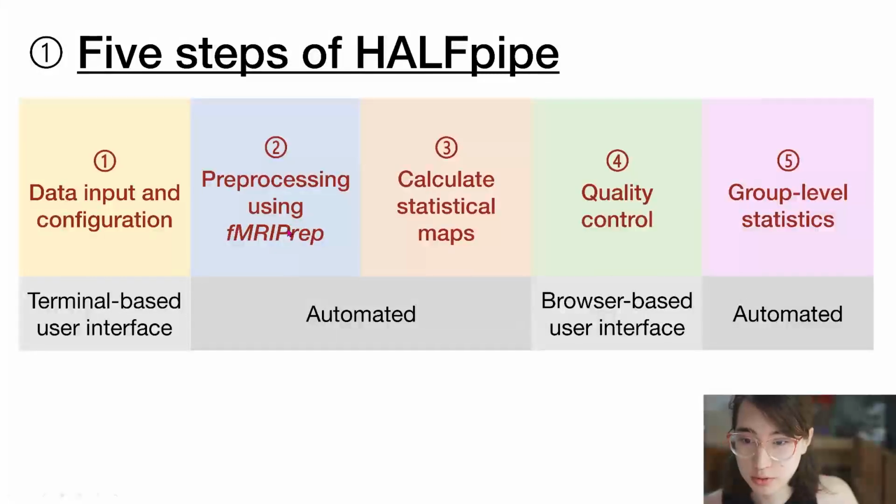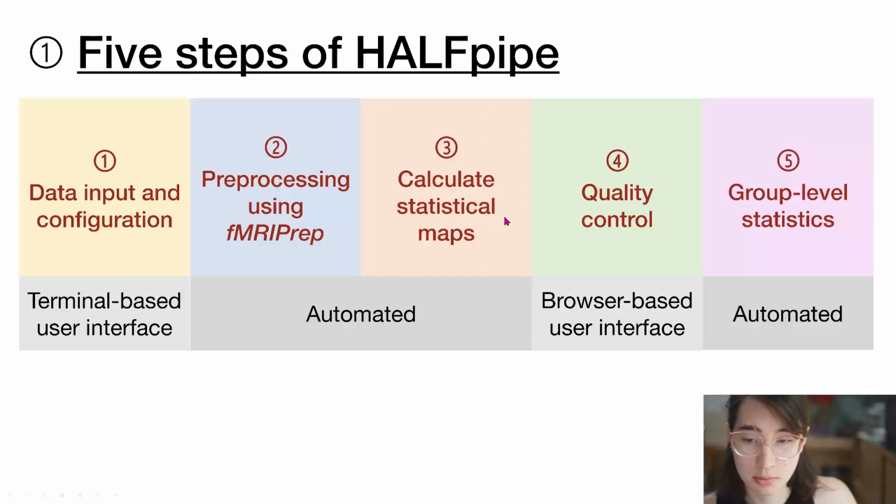Then we do pre-processing using fMRIPrep. So we're basically using fMRIPrep as a software library. HALFpipe does not reinvent the wheel. It's mostly using what is there to accomplish the goal. And so we really thought back then when we started out that fMRIPrep is the best way to go for this. And so far it's worked really well.